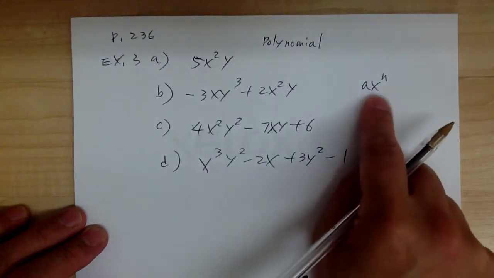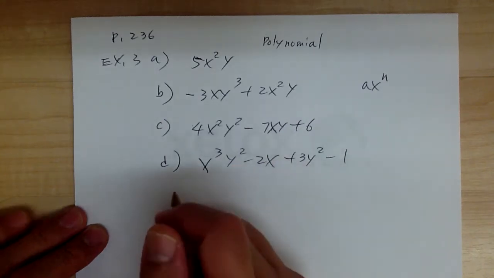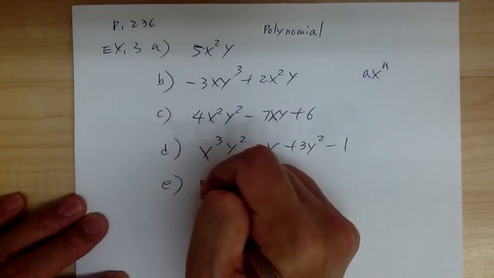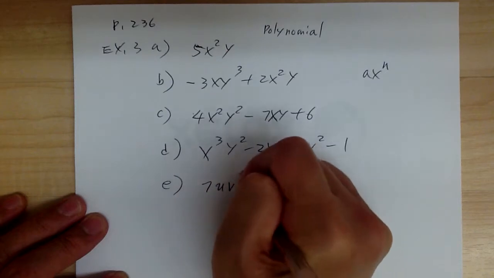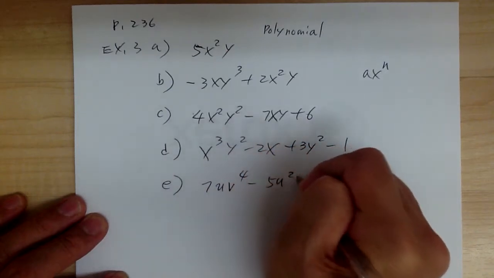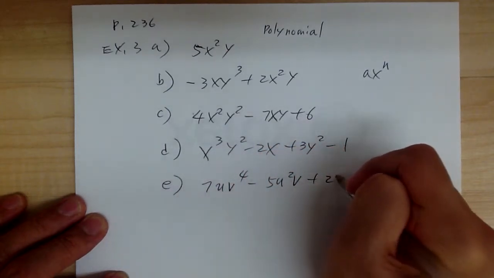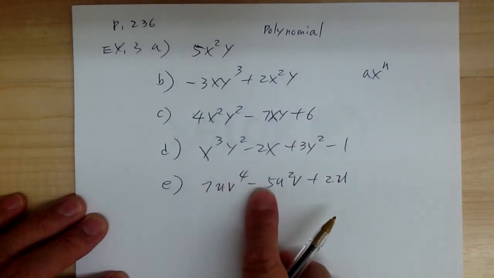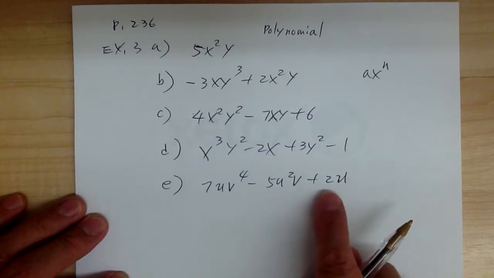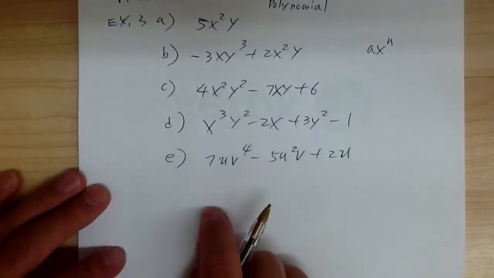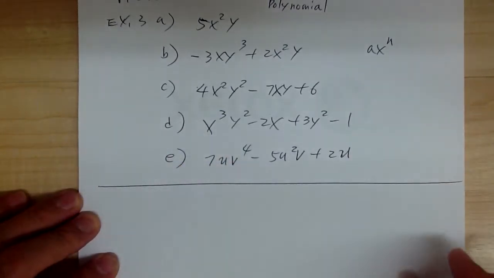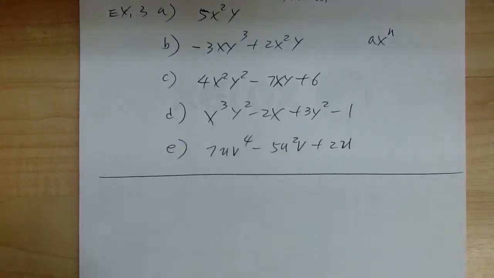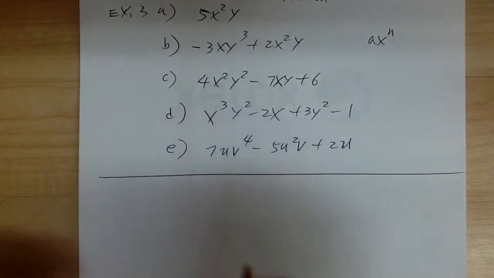It's just that you have more than one variable. Okay. So E, you got 7uv to the 4 minus 5u squared v plus 2u. Again, number, variable, exponent, variable, exponent. Okay, the next thing you have to do is figure out the degree of a term.